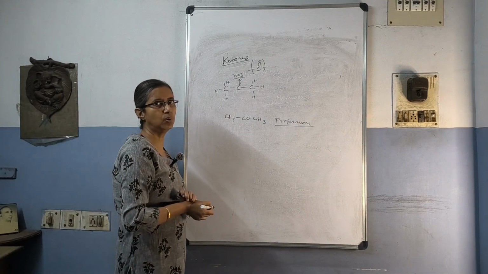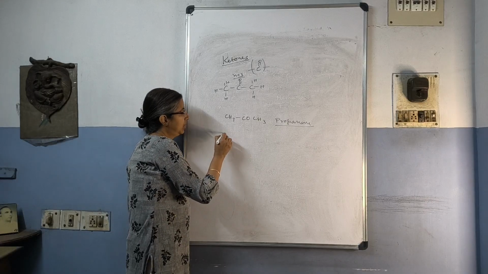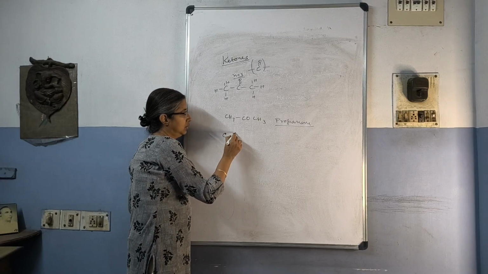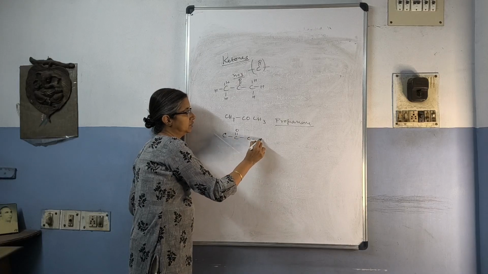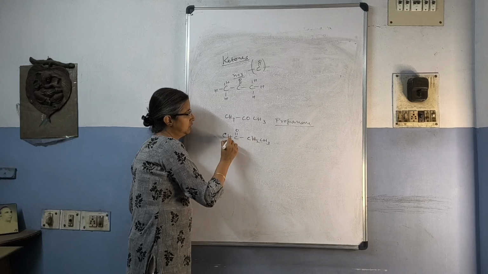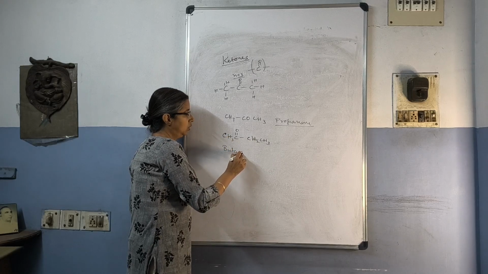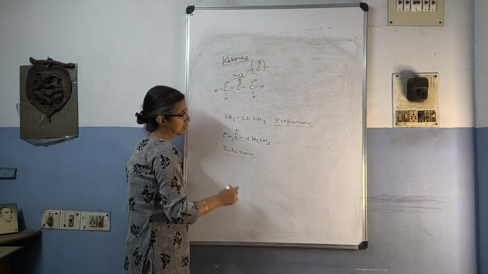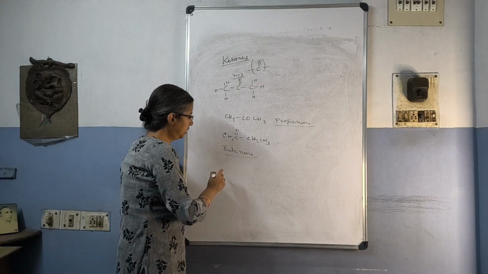This is propanone. Then we have butanone. Here the C double bond O is always between two carbon atoms. So it is CH3, CH2, CO, CH3. That is butanone. Like this we will have pentanone also.